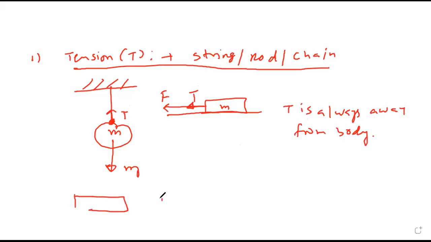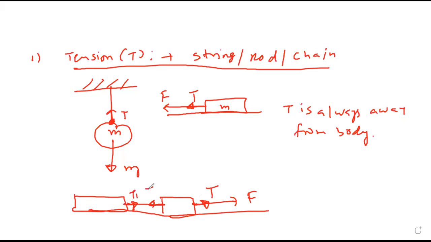What will be the tension direction acting here? Force applied is here. This is the string. So if I call this T, here it will be away from this body, T1, T1.